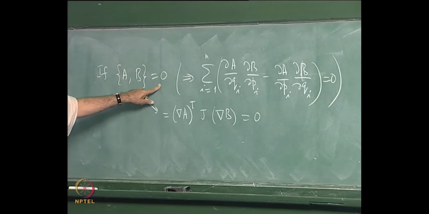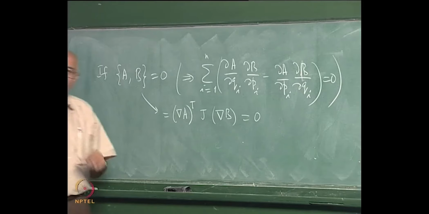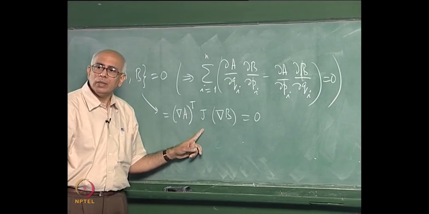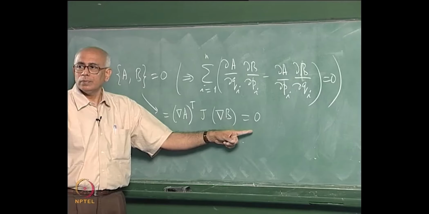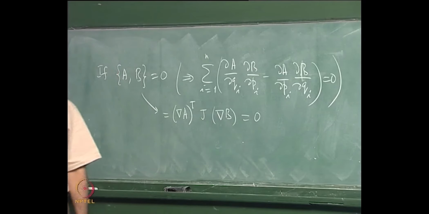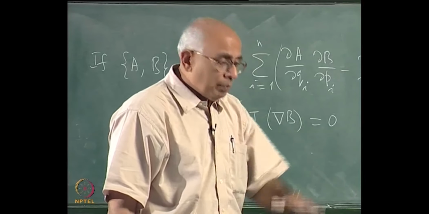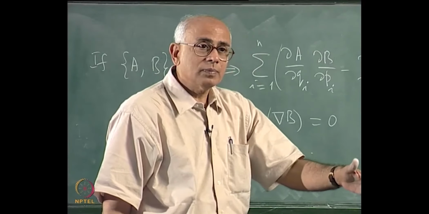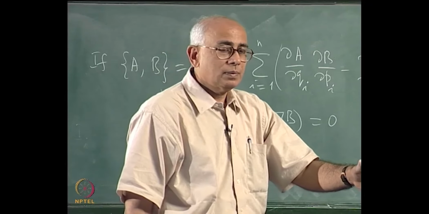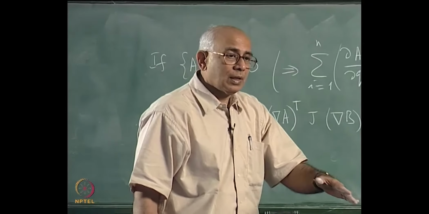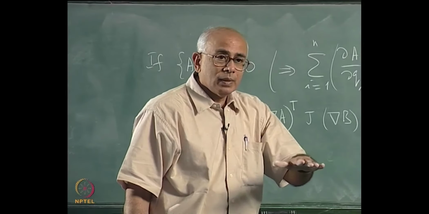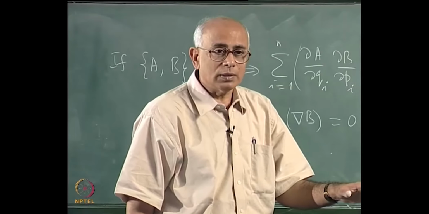So it is as if the gradient of A and the gradient of B are not quite normal to each other, which is what would happen if the dot product vanished, but in a symplectic sense they are normal to each other, because once you put the J in between here, this is 0. So what does that tell us? Whenever you have a constant of the motion, it implies that the motion is on the level surface of this function, because we saw that a constant of the motion does not change as the flow occurs.